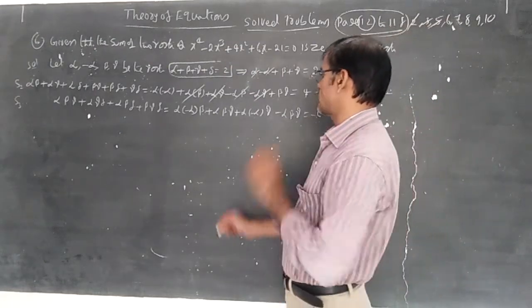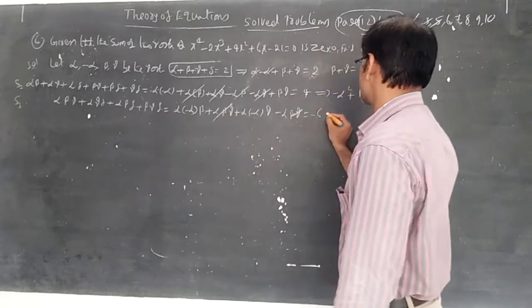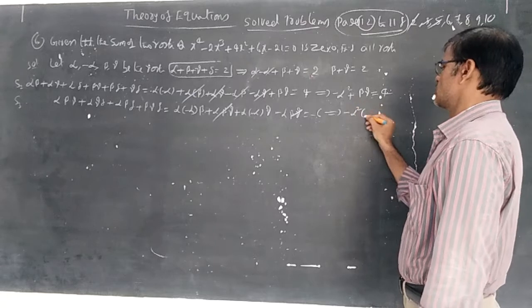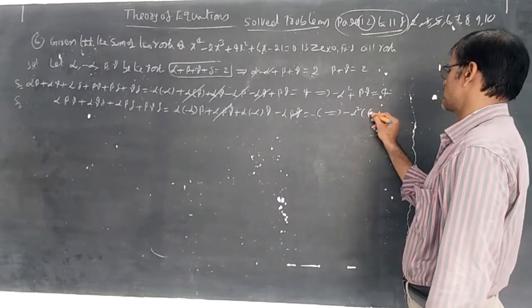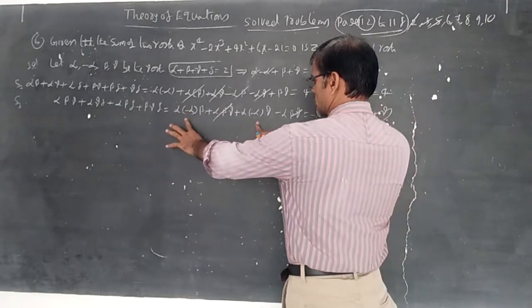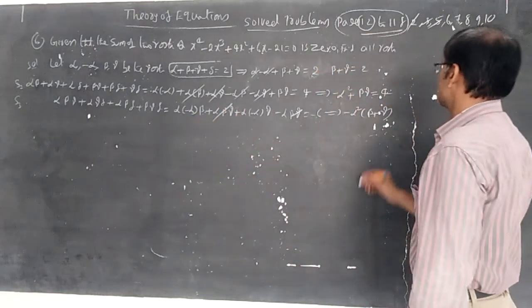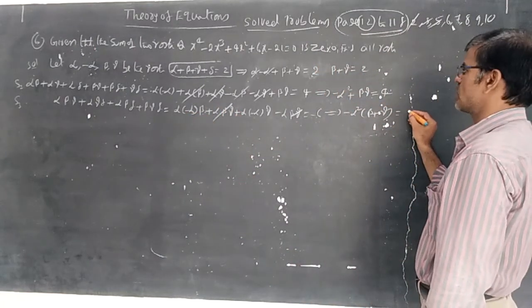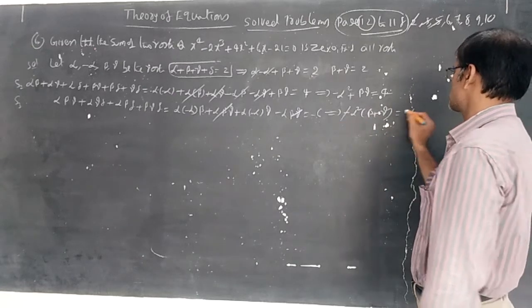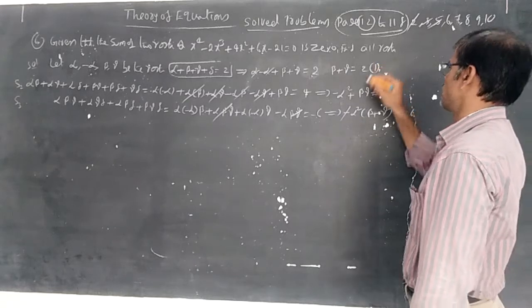Now minus alpha beta gamma get cancelled, that implies minus alpha square into beta plus gamma, taking minus alpha square common among these two values, is equal to minus 6. So minus get cancelled.